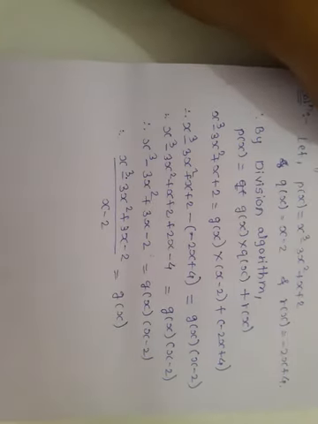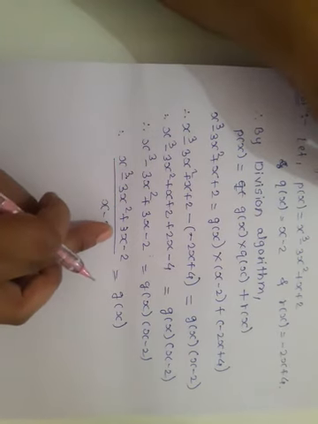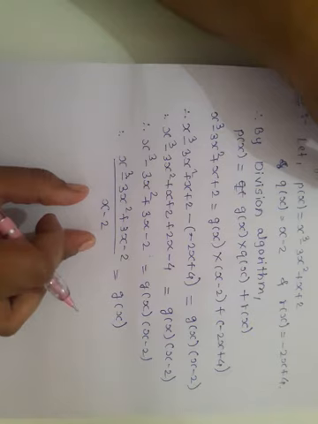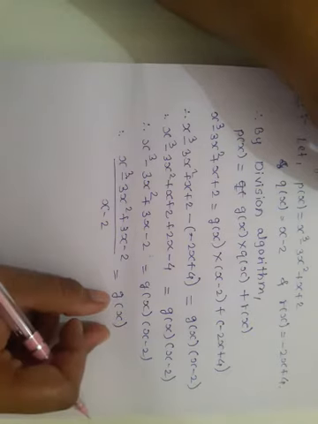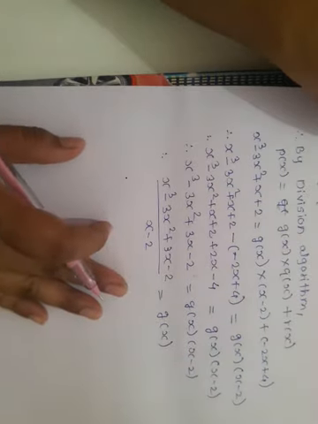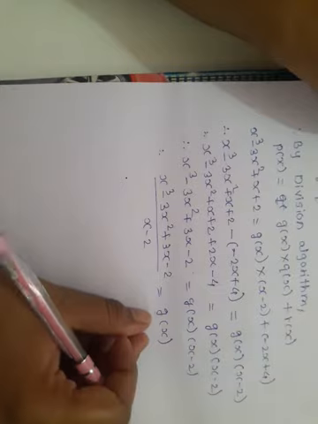Okay, and now see here, after dividing this polynomial x cube minus 3x square plus 3x minus 2 by this polynomial x minus 2, we can easily find out the g of x. Okay, so now apply division algorithm for these polynomials, we can get g of x.